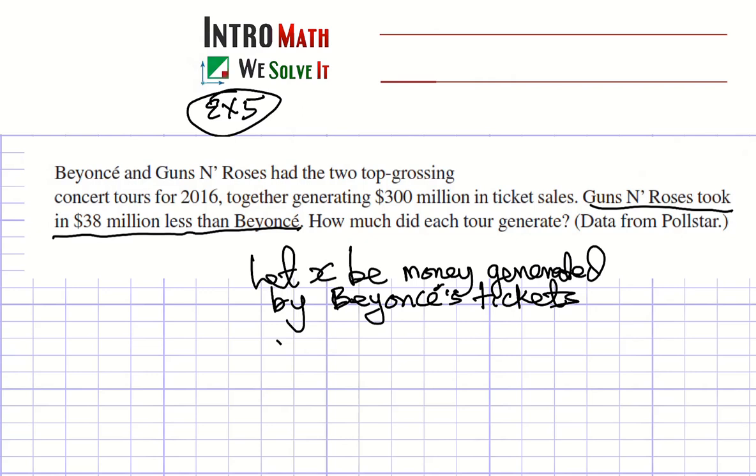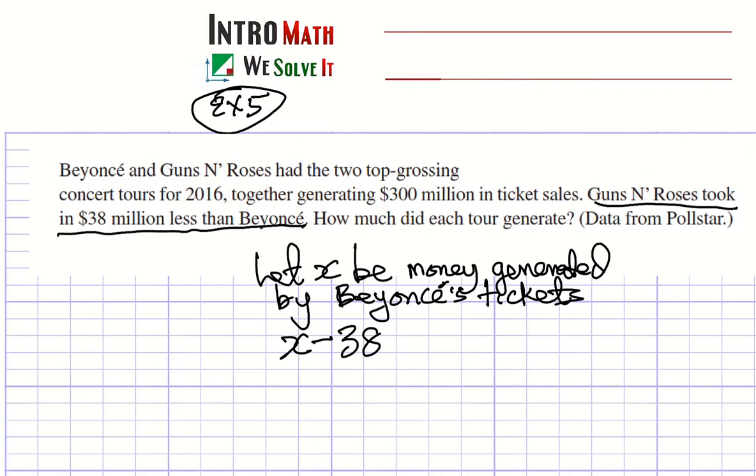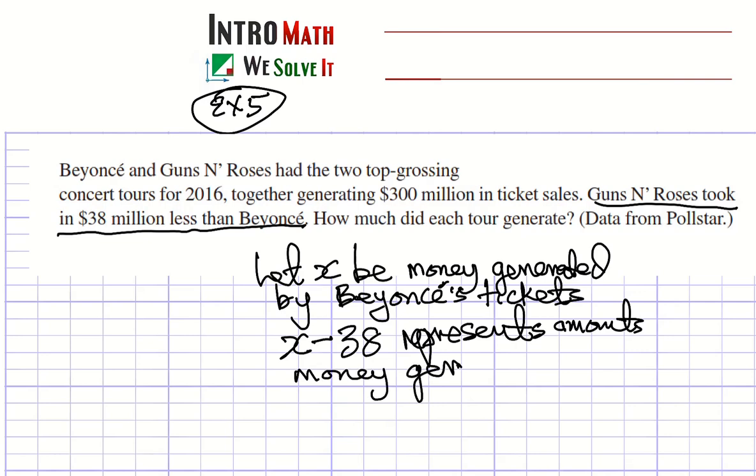So we'll say X minus 38 million represents the amount of money generated by Guns N' Roses ticket sales. You see that?